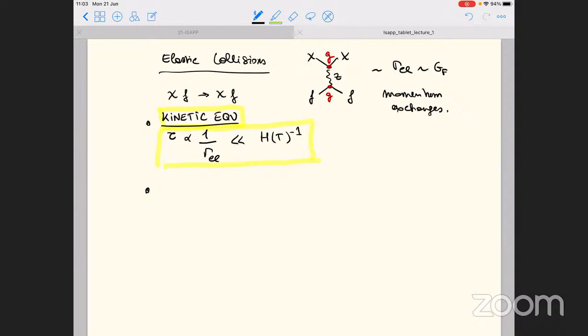But assuming that your dark matter is non-relativistic, by just looking at what is the temperature where you are going to saturate, okay, the relaxation time equal to the inverse of the Hubble rate, you can find out what is the temperature at which you are going to get out of kinetic equilibrium. And if you consider the scenario that we have, remember that tau goes as 1 over the elastic scattering rate, which itself goes as the Fermi constant.